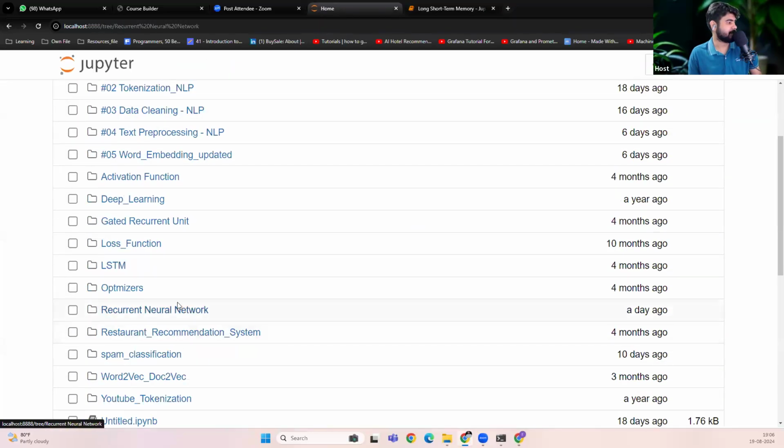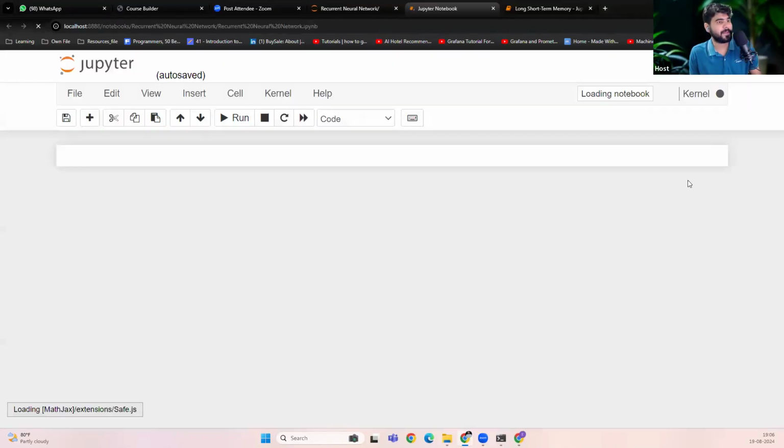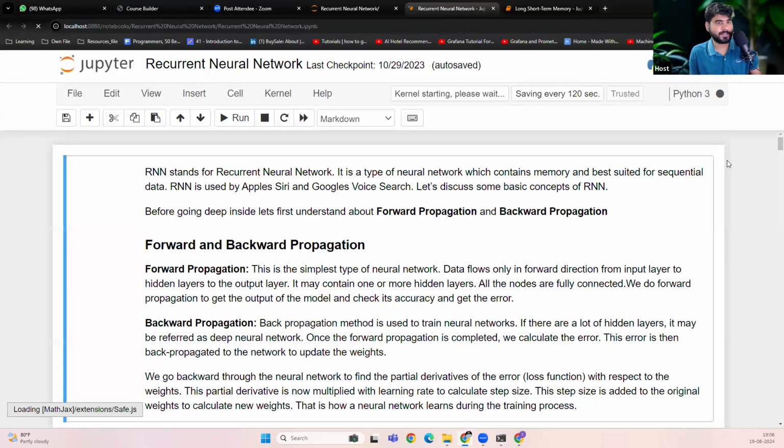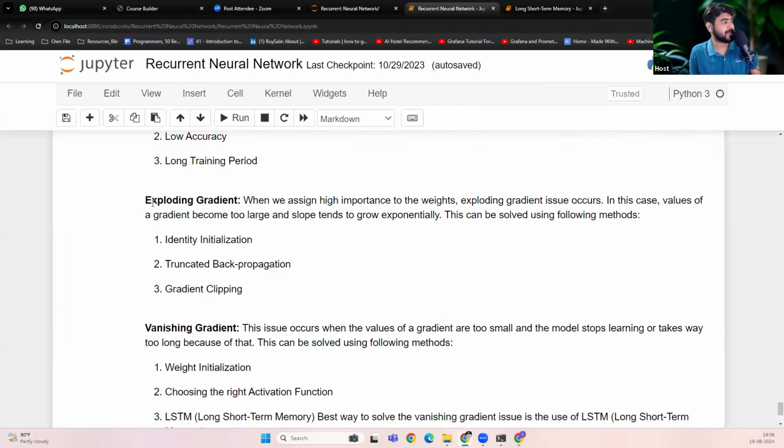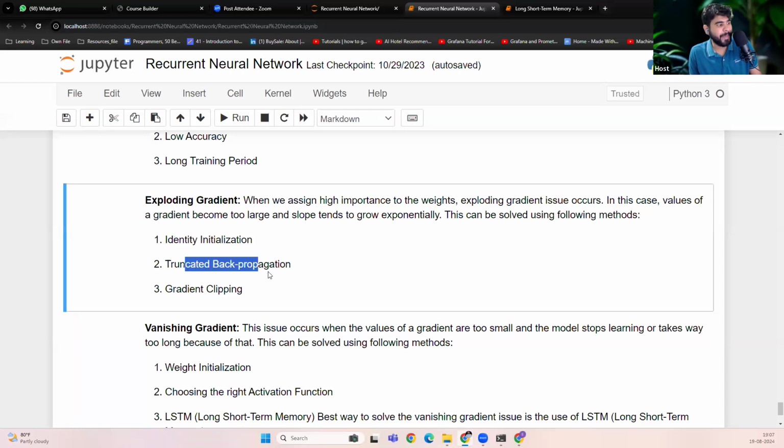So this is our neural network file. And in this particular file, in our last session, we discussed we have two issues here. First one is the exploding gradient issue, and second one is the vanishing gradient issue. But how can we resolve these issues? So the exploding gradient issue, we can resolve with identity initialization, backward propagation, and gradient capping.